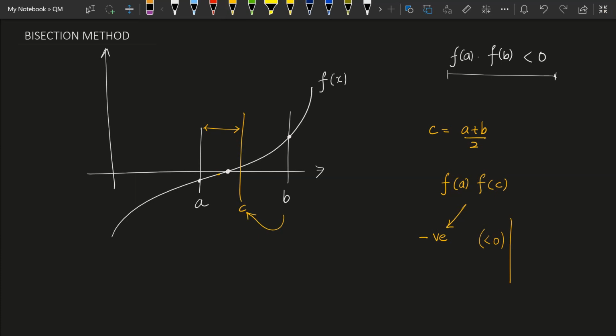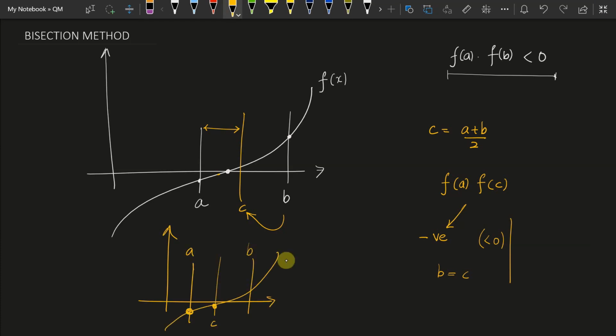So if f of a into f of c is less than 0, we can set our b to c. And in case f of a into f of c is positive, that means our solution is actually not in this range, but instead between c and b, right? So we can shift our a to this point so that the solution is in our new a to b.